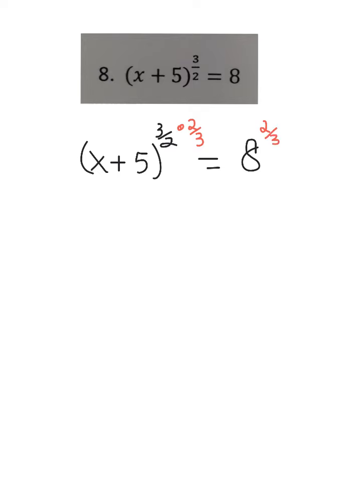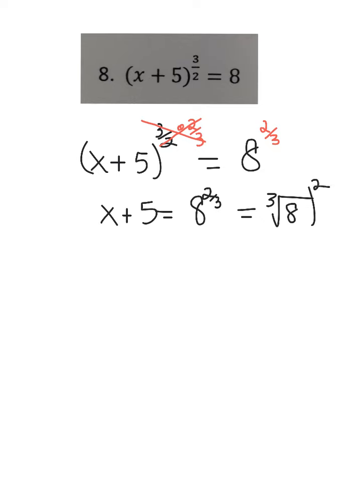Do not do 8 times 2/3. You're going to do 8 to the 2/3. Okay, and what that's going to do here is get rid of that exponent. Okay, and then I'm going to get x plus 5 equals 8 to the 2/3 power. Now remember, power over root, right? So the root is 3.